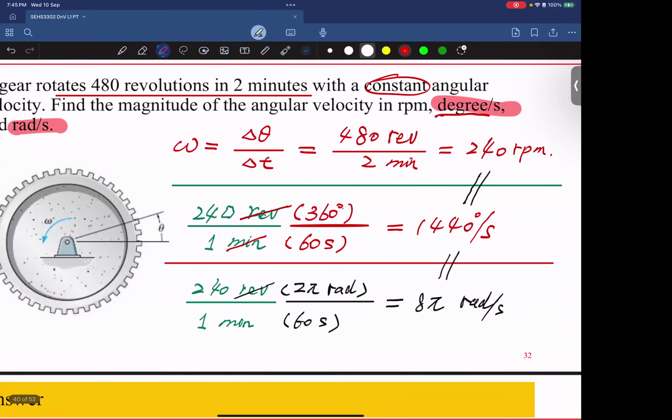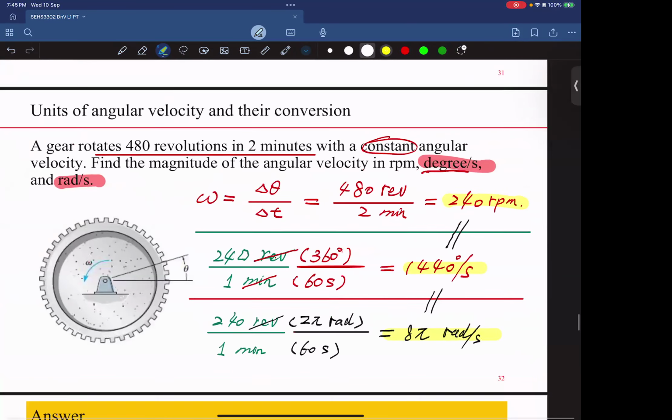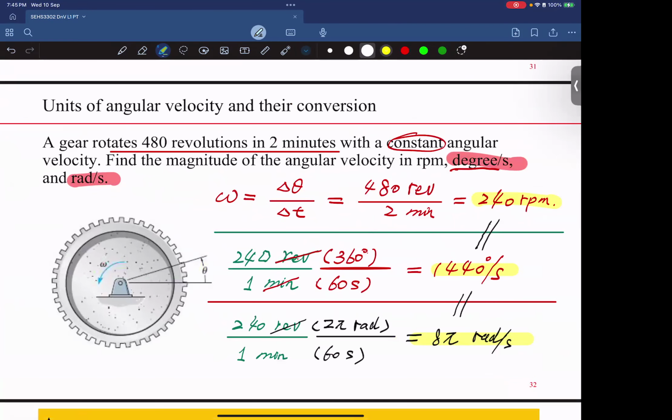Same thing. And if you forgot how to convert between different unit systems, just use this way: use the interpretation of the unit and replace it with the other one.